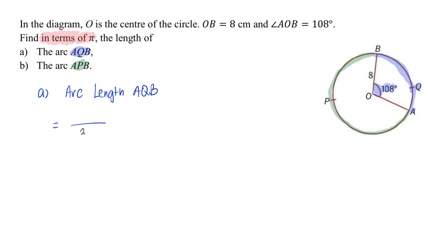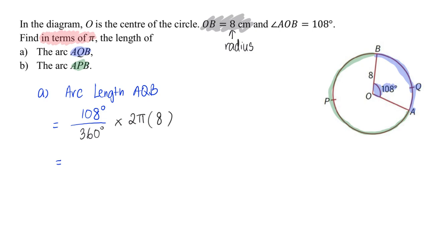We always divide by 360 degrees, multiplied by 2 pi r, and r in this case is 8. Okay, I'm going to use the radius. Radius is 8. Okay, this is our radius. Yes, 108 degrees. And therefore, we will get the answer.